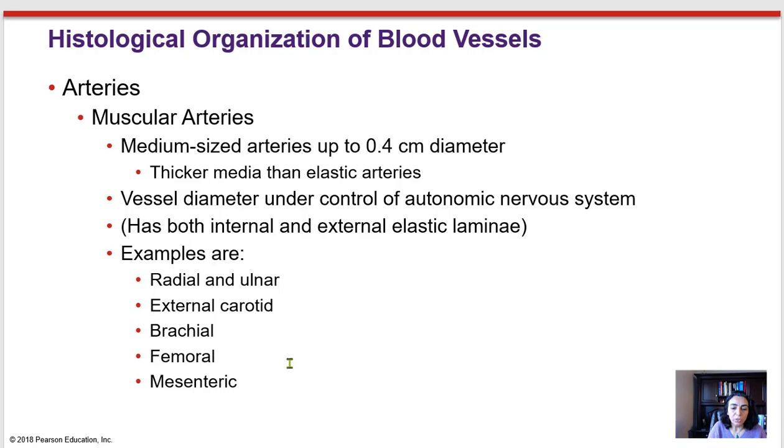So as you see, we can say as a general rule, except elastic arteries, all the named arteries are muscular arteries, right?